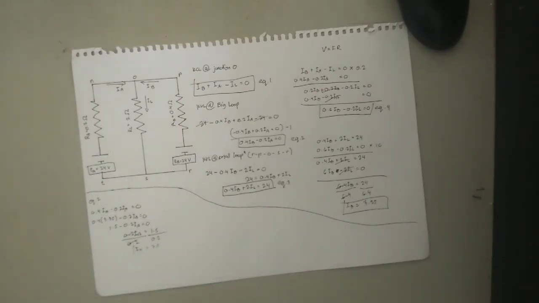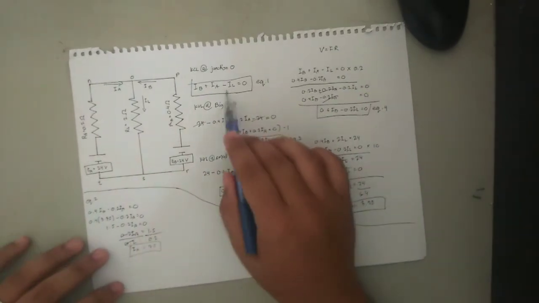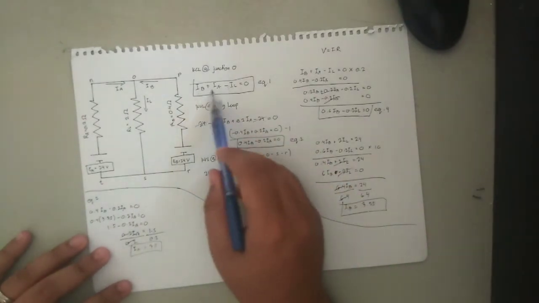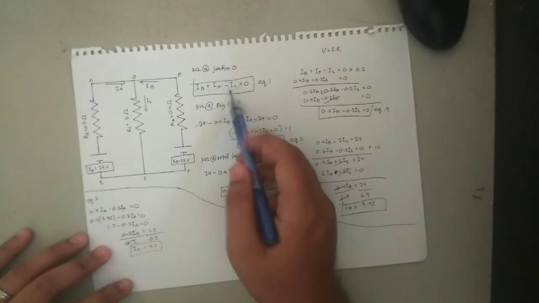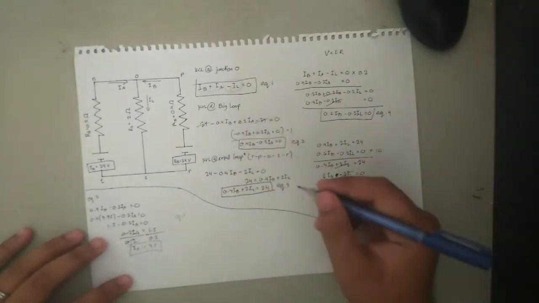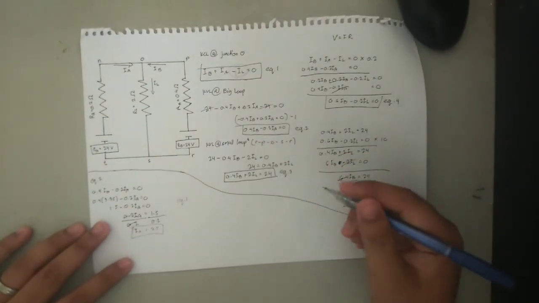So now we are going to use equation number 1, since we have IB and IA, to find IL. So this is equation number 1. I hope you can see it because I'm using a pencil.